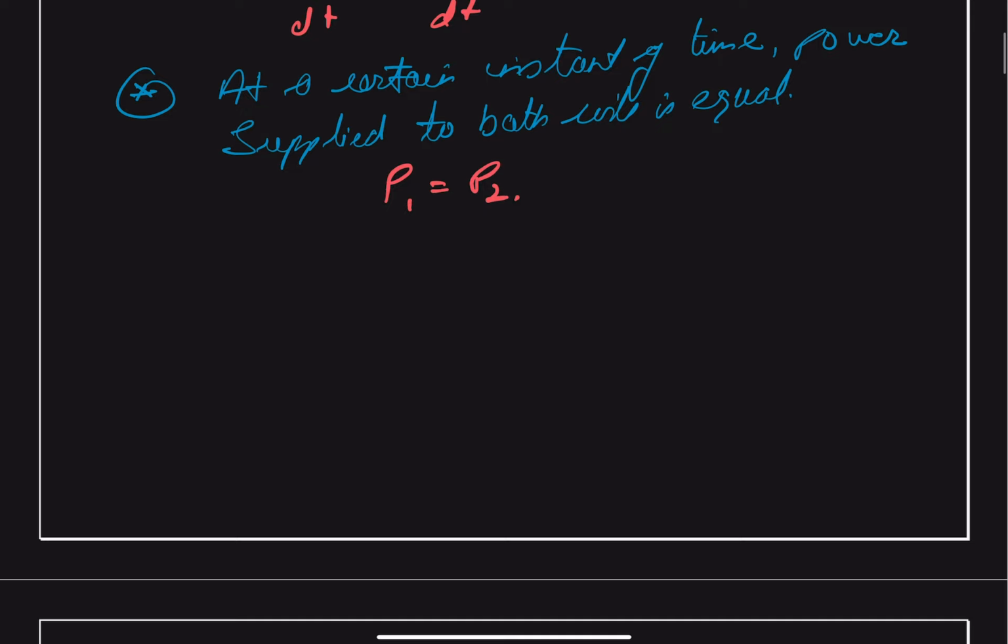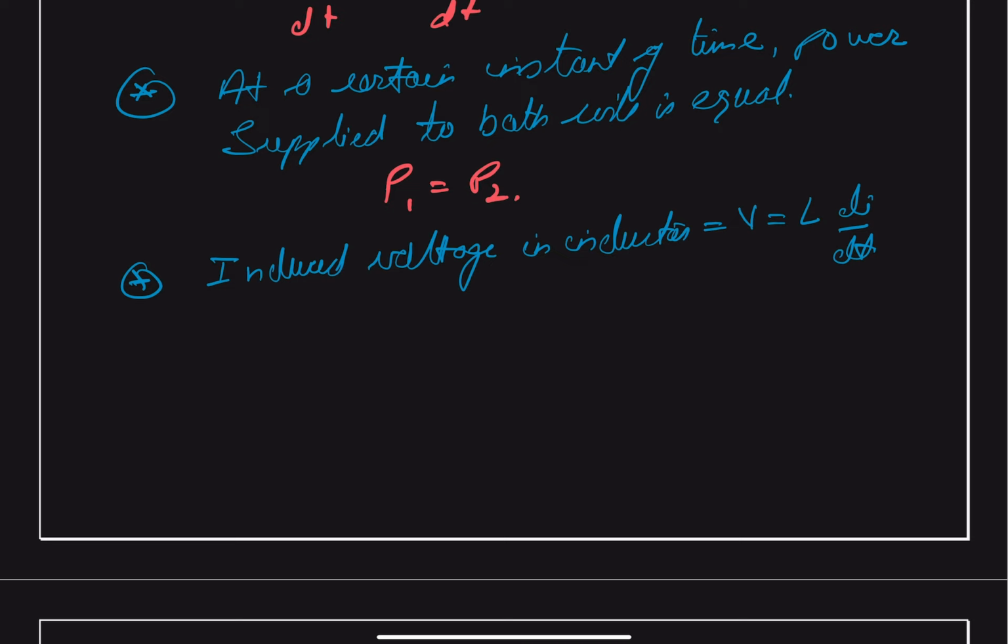We know the general formula for induced voltage in an inductor. If represented as V, then V is equal to L di/dt.